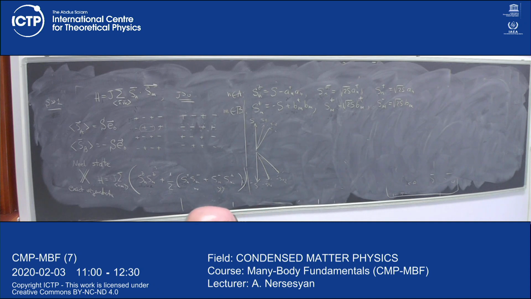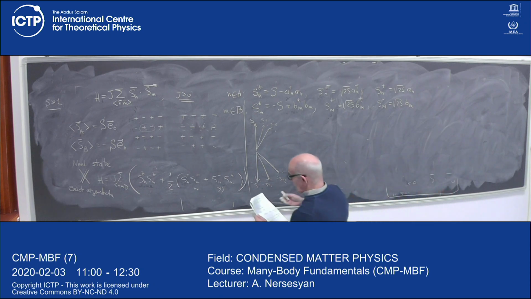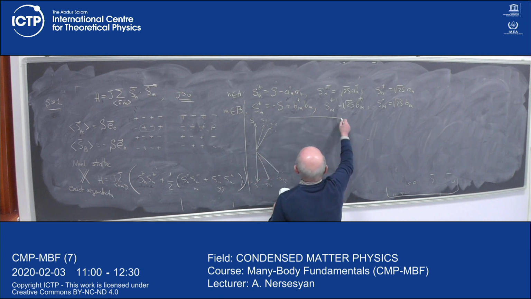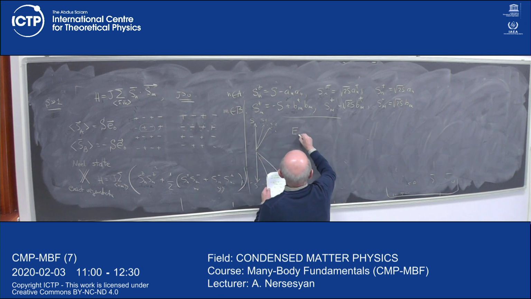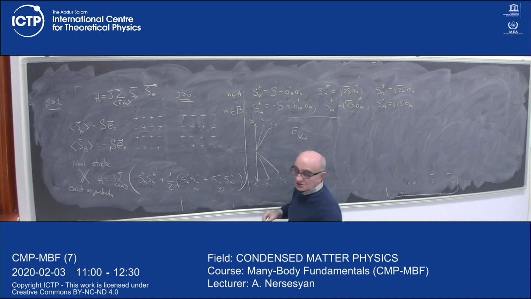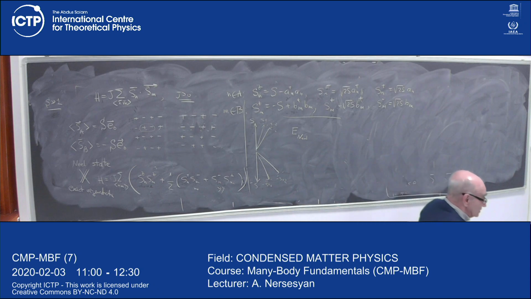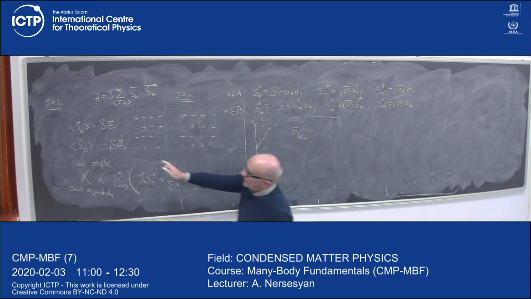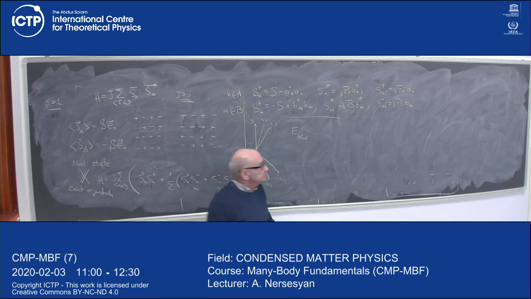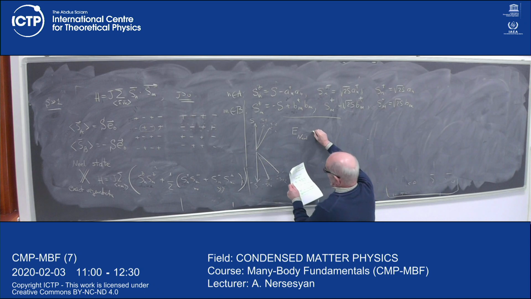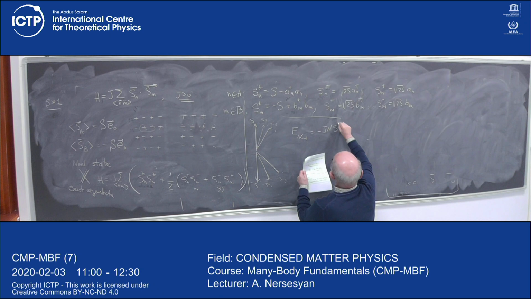That will be the quartic terms in a and b, fourth order terms, I throw them away completely. What remains I leave to you. First of all, you calculate the classical contribution to the ground state energy, but it's not the true ground state energy. It's the ground state energy for the classical Néel state, which is not the ground state. And it is minus J S squared and d.